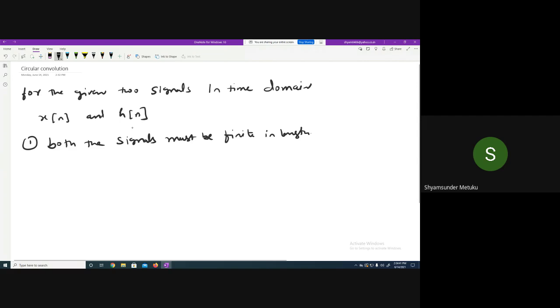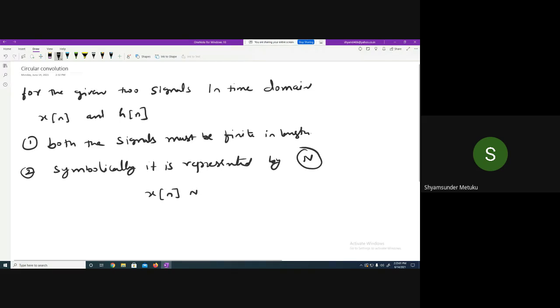The second difference is how it is represented symbolically, with a symbol like this. This is called N-point circular convolution. For example, x of n, with a capital N within a circle, which indicates the length of both x and h.